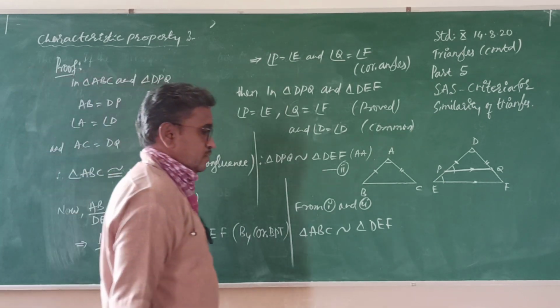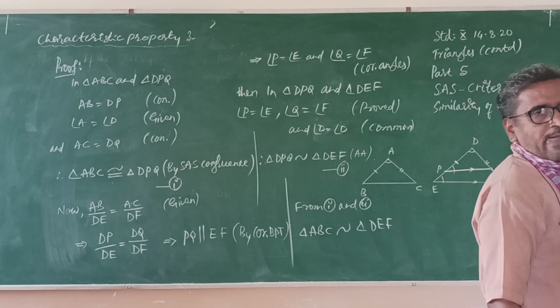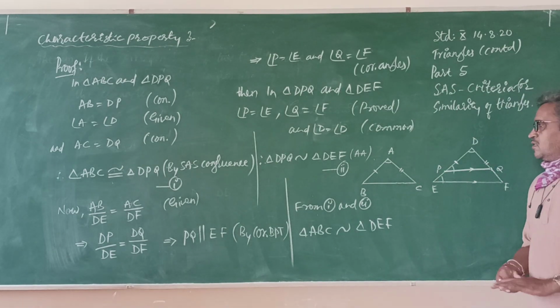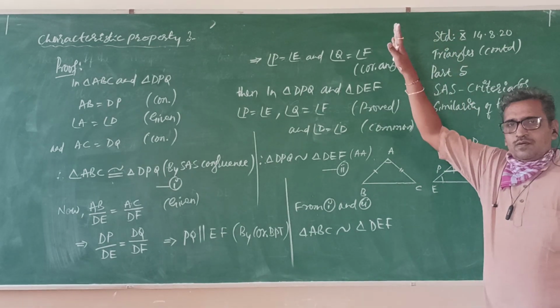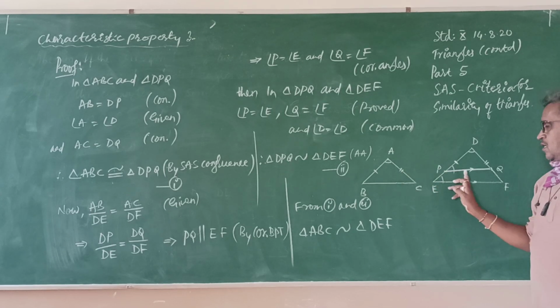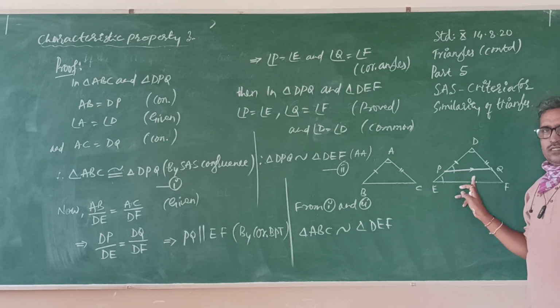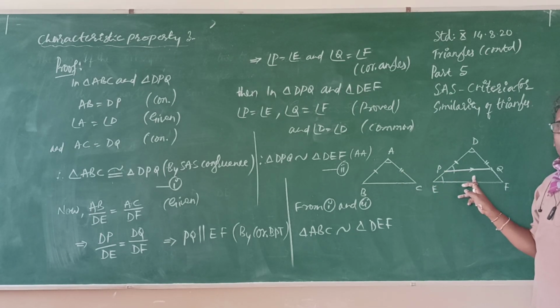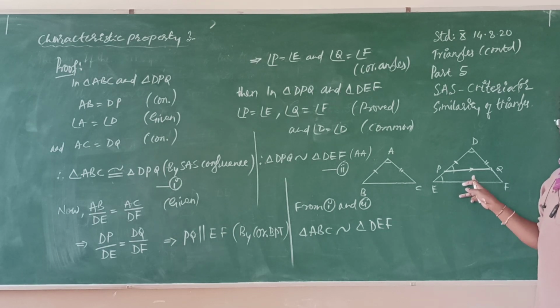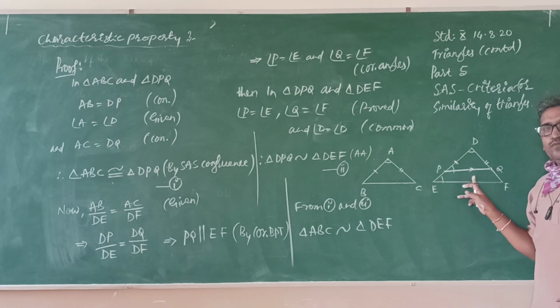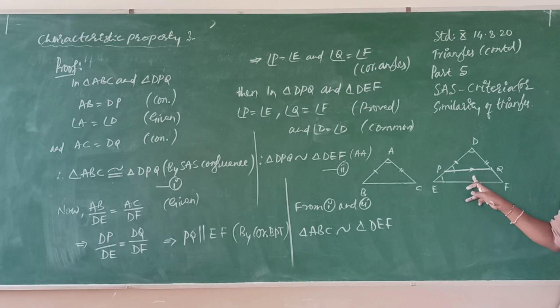Understanding anything? Yes. What is the first step? By the given statement, draw a rough figure to represent the given idea. Second, write what is to be proved. If necessary, do a construction. What is the construction?